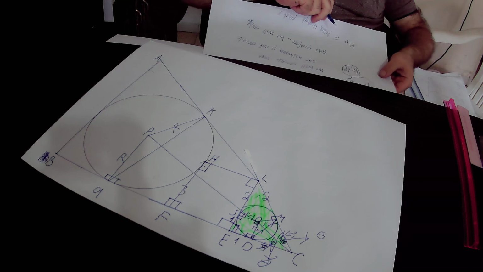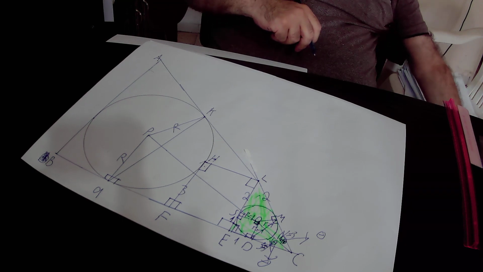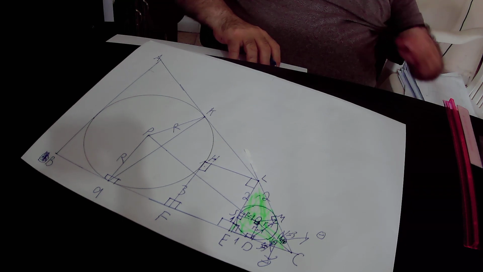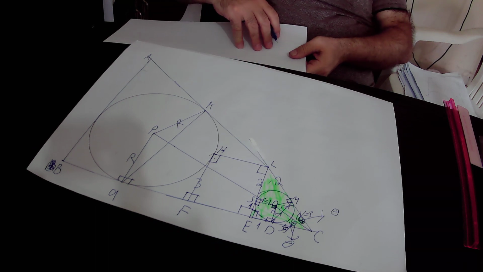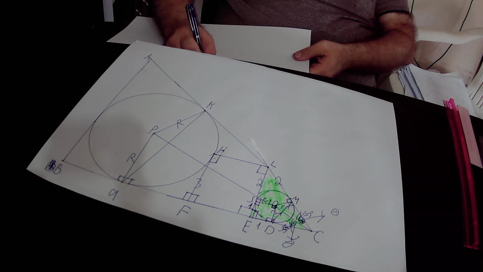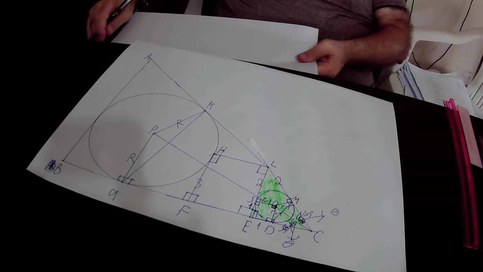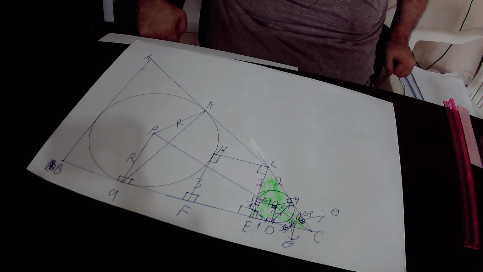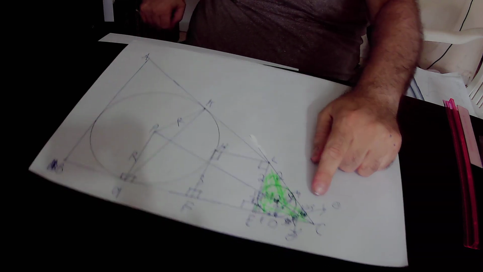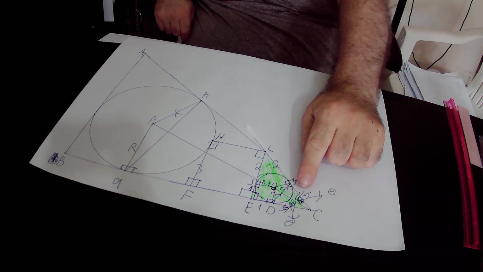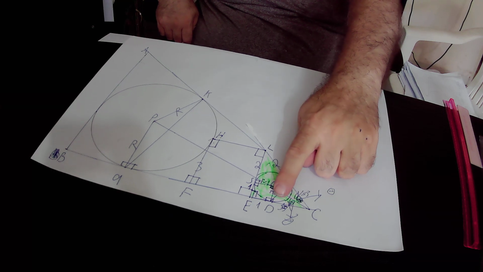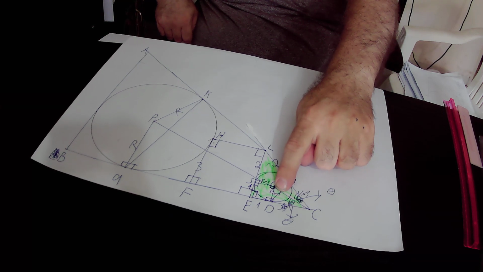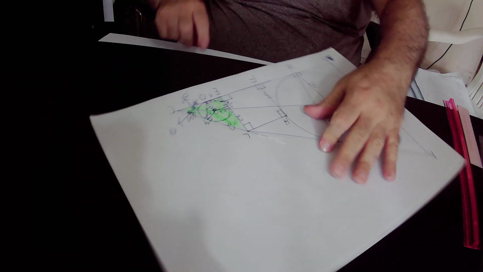So in the next step, we will focus on the small right triangle ODC. This angle equals theta. This angle equals 90 degrees, therefore this angle must be equal to 90 degrees minus theta. So I write it down. Why?